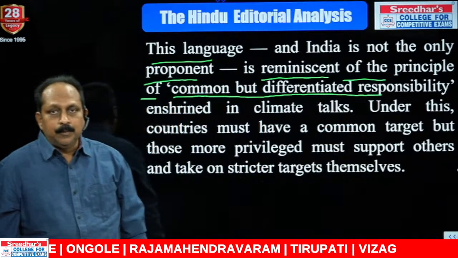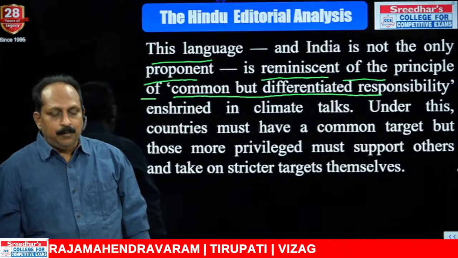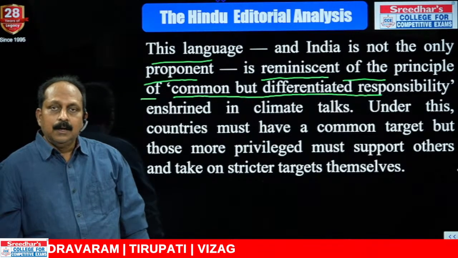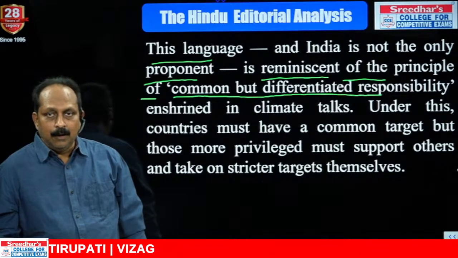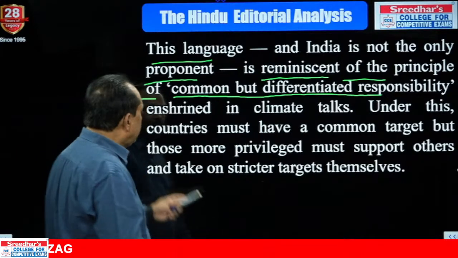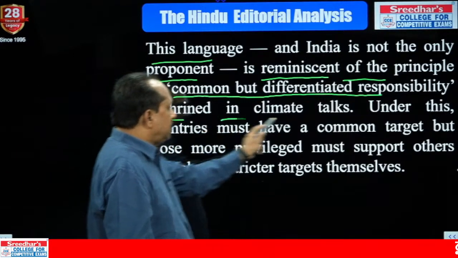Countries have common responsibility, but some countries have differentiated responsibilities. What are those countries? Affluent countries, developed countries, those with the technology, enshrined in the climate talks.